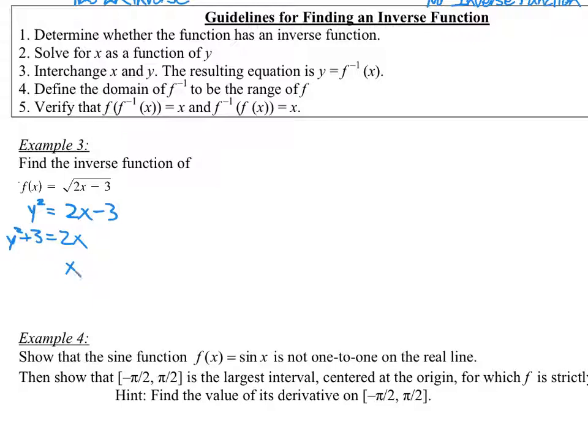And now I divide by 2, and I get y squared plus 3 over 2 equals x. Now, I can switch our x and y, and that tells me that the inverse function of x is x squared plus 3 over 2.